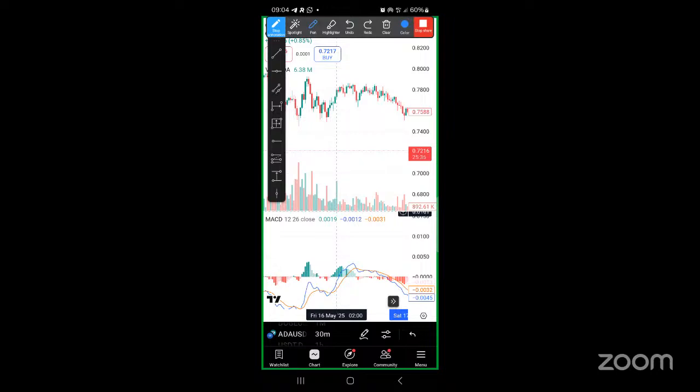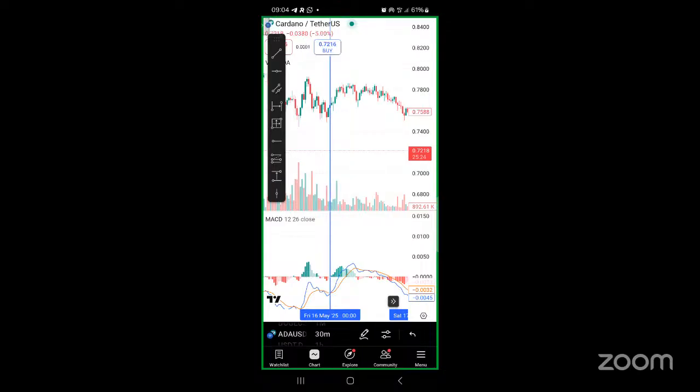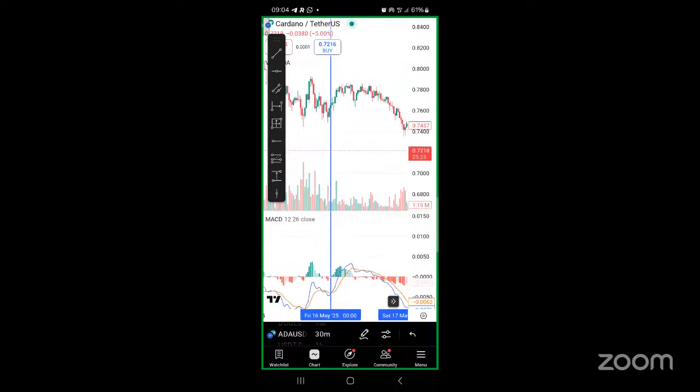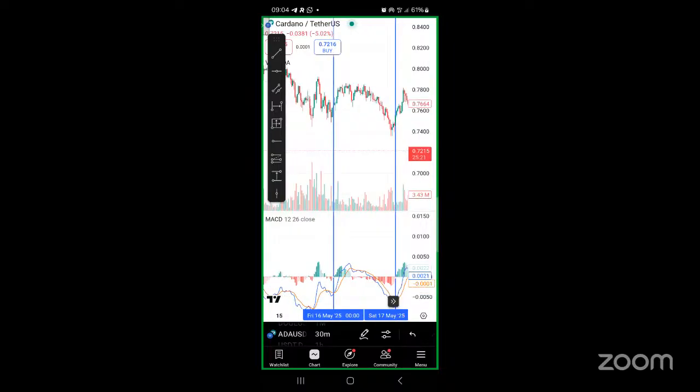Let us bring our line and put it on the golden cross here. Do you see that the market went upward?